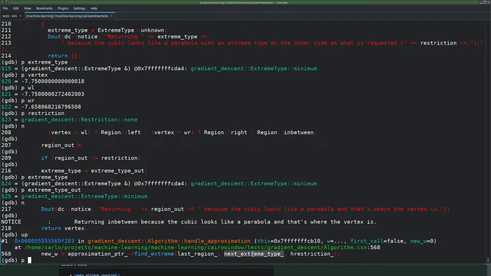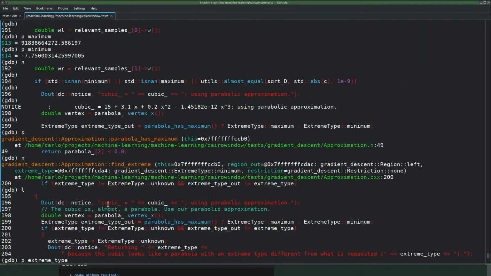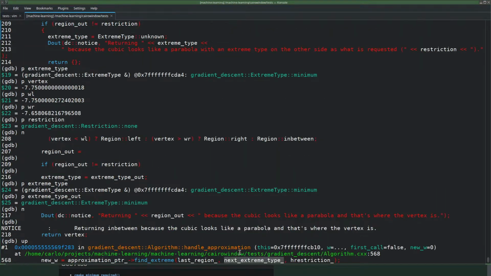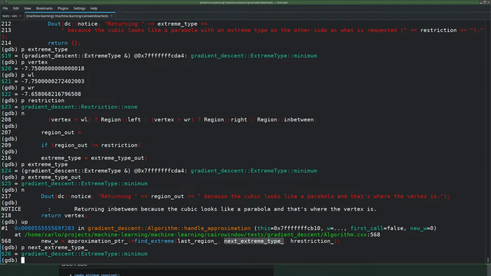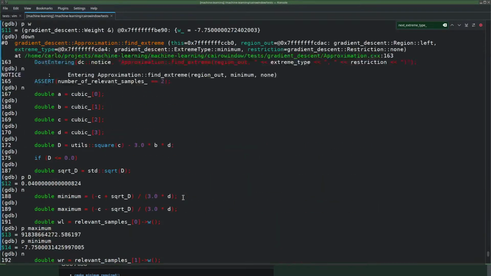So next extreme type is minimum, and in the debug output we saw somewhere that it printed, toggled it to maximum. At the very least, that's what I remember. So let's highlight this variable. I think that was literally in the debug output.